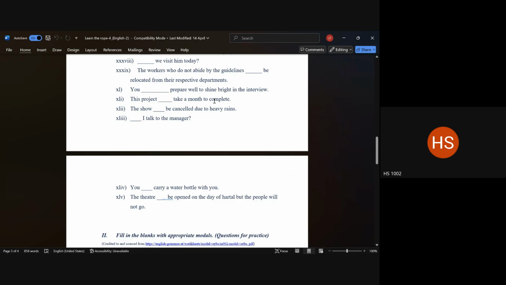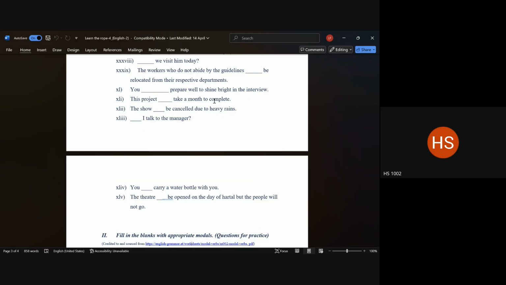No, not need to. Need to take a month to complete, no. Should? No. Okay, should won't work because you can't use it as a modal verb here. No problem. Okay, so all the other answers stand.